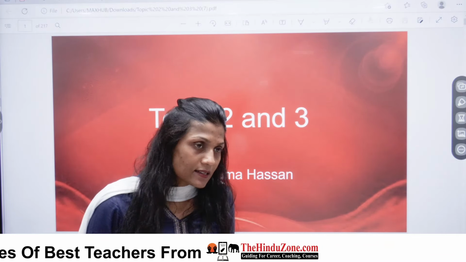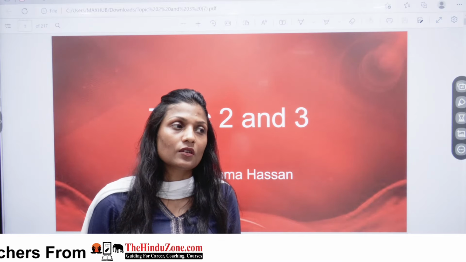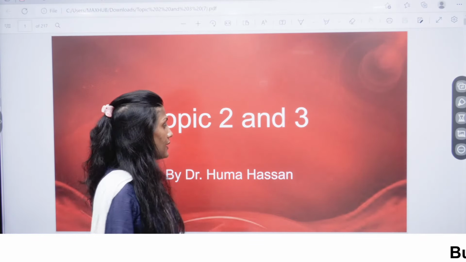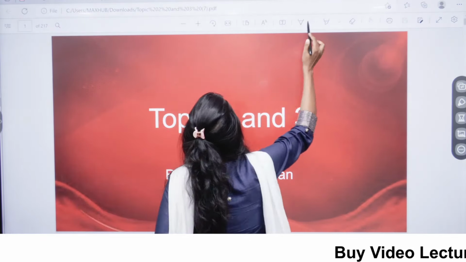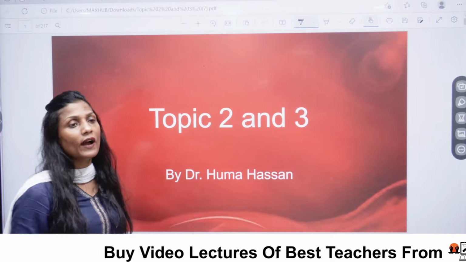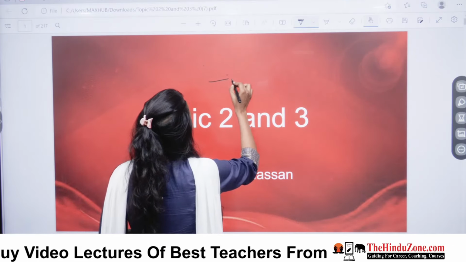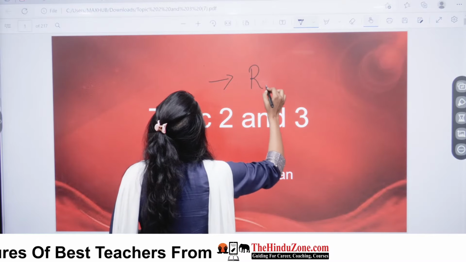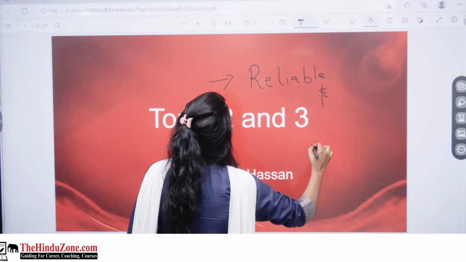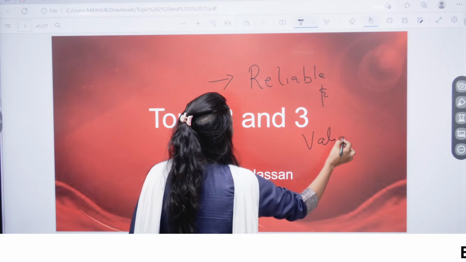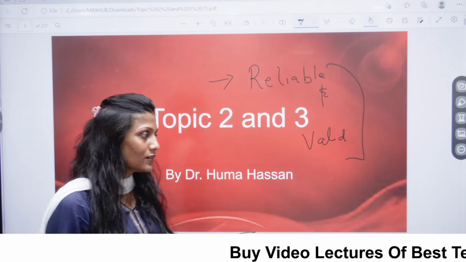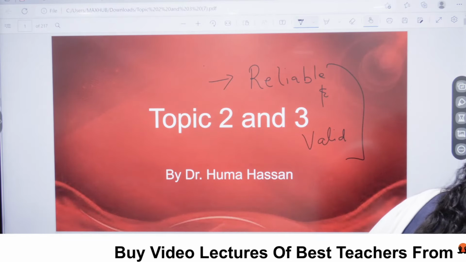For analyzing our data, two steps in research methods are very important. That is, how reliable and valid are research findings? Okay, so this is what we are focusing on.